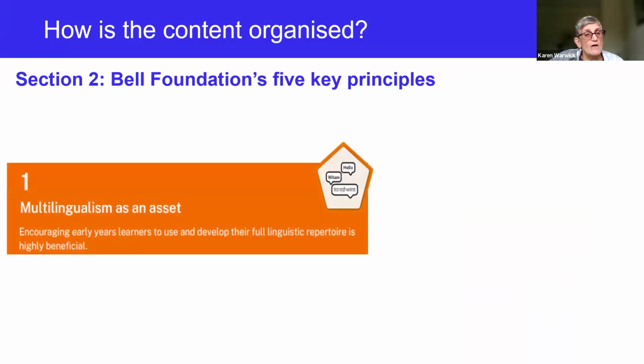So, our first principle, multilingualism is an asset. So we are reminded within this principle of the importance of a young learner's multilingualism and their ability to speak, listen, read and view and write in potentially more than one language, and that they are still, and this is the important point, they are still developing their language alongside English.